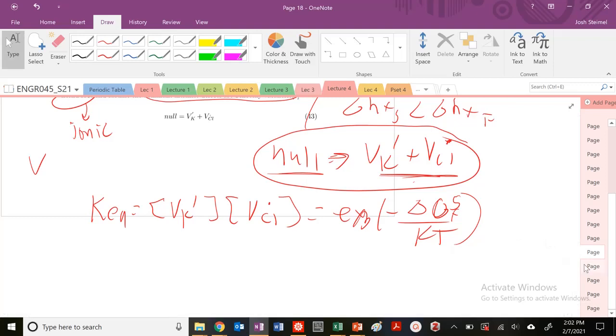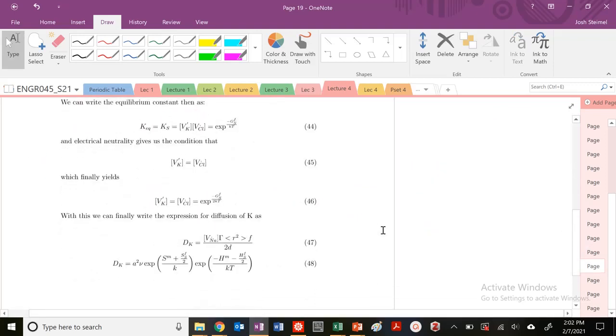That is our rate expression for this reaction. So K_eq, we could also call it K Schottky, is just going to be, again, these brackets denote concentration. So our equilibrium concentration is going to go as a function of this Arrhenius relationship again. And you can call it G_S or delta G_S.